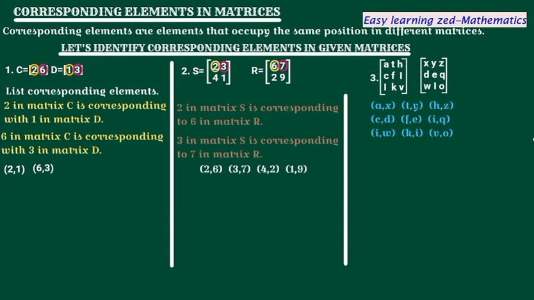So these are the corresponding elements of these given matrices in 3. So basically, this is how you can identify corresponding elements in the given matrices. It is easier when you know how to identify position of elements in the given matrix.